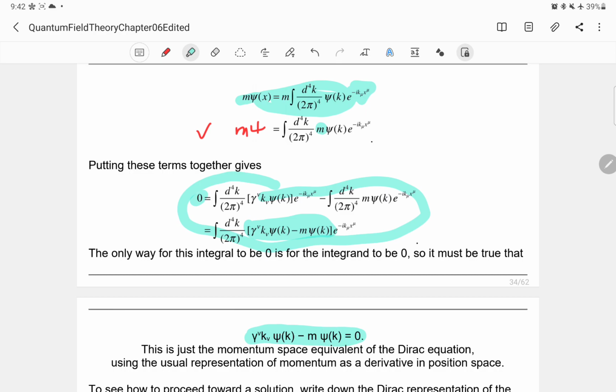This is the momentum space equivalent of the Dirac equation. Look, you have momentum instead of space, using the usual representation of momentum as a derivative in position space.